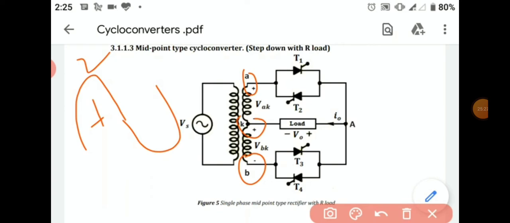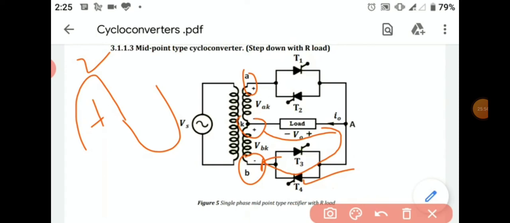So due to negative potential at point B, it will be forward biased. Now the current will flow from positive potential to negative potential like this. From positive potential through the load and through the thyristor, it will end at the negative potential at point B.